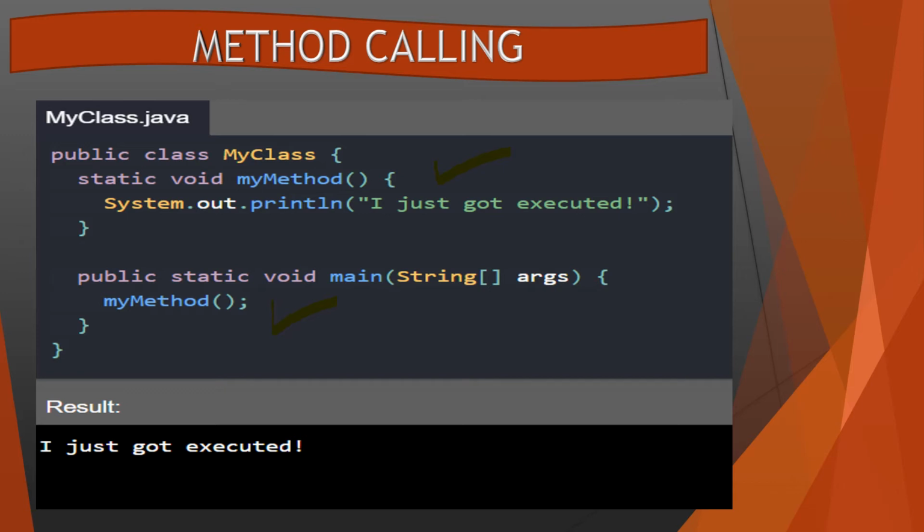And what is our expected output here? Obviously, the task we declared in myMethod, which is to display the text "I just got executed". So when we run the program, we will have this output.